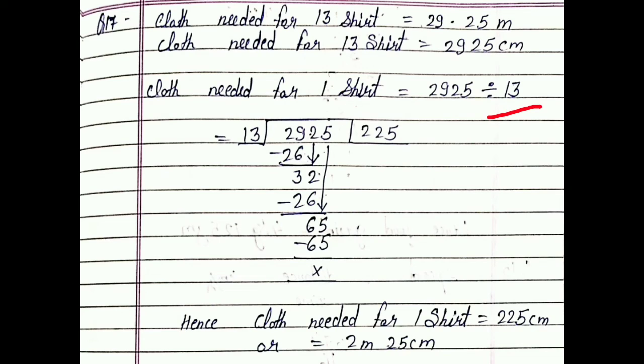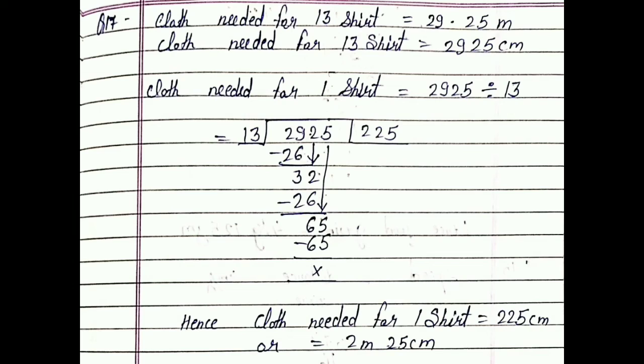So here the cloth needed for 1 shirt will be 2925 divided by 13. Hence the answer will be 225. So the cloth needed for 1 shirt will be 225 centimeter, or we can change this into meter also. So the cloth will be 2 meter 25 centimeter.